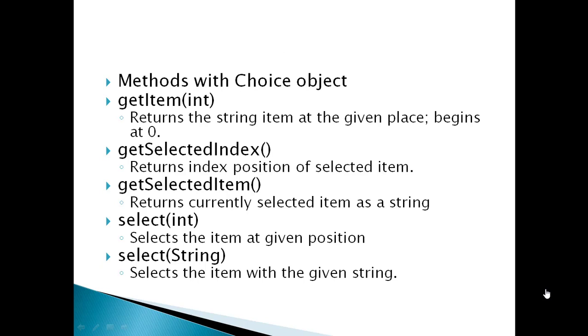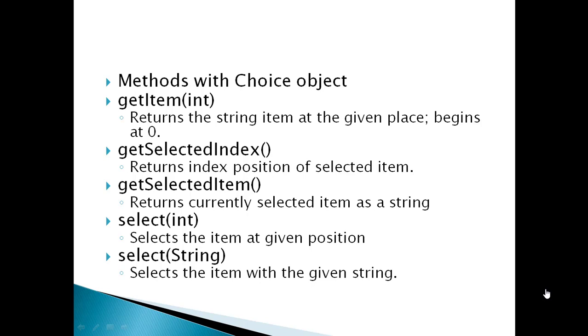Methods of this choice object: first method, getItem, and we pass the integer index of that item, returns the string item at the given place; the index begins at 0. getItem(0) means the first item will be displayed.